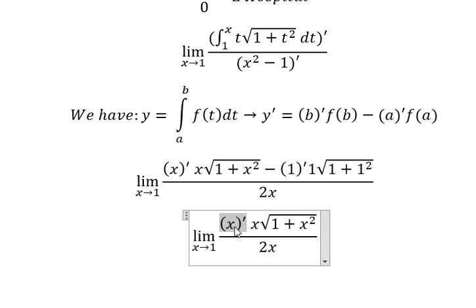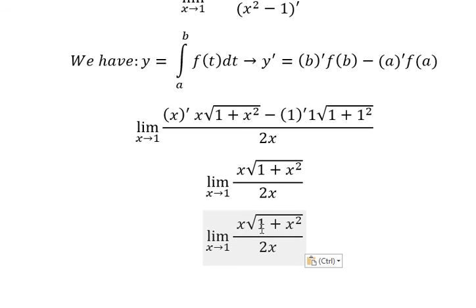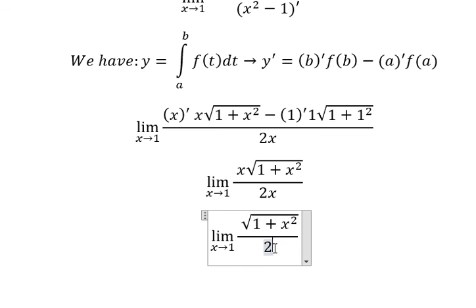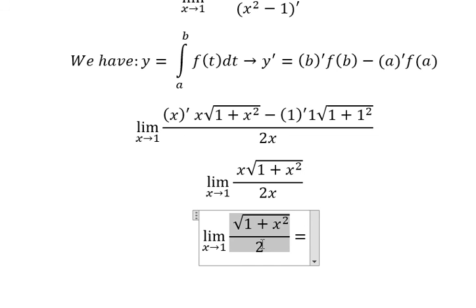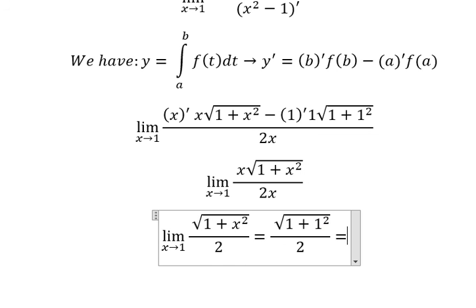This one we have number 1. S, we simplify. Now we just put number 1 here. So we have the square root of number 2 over 2.